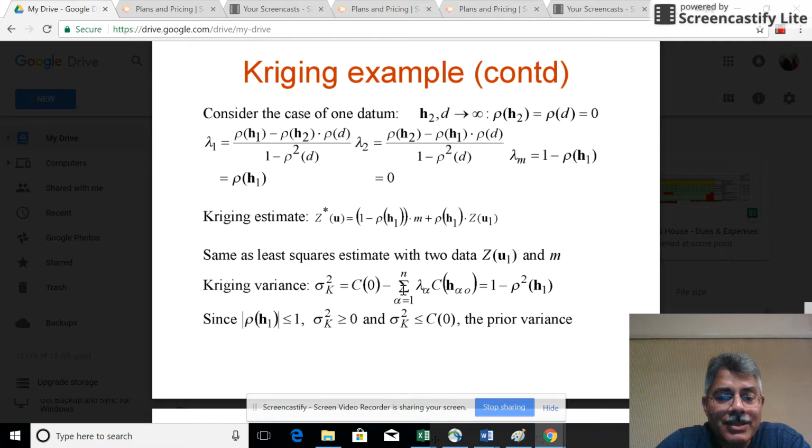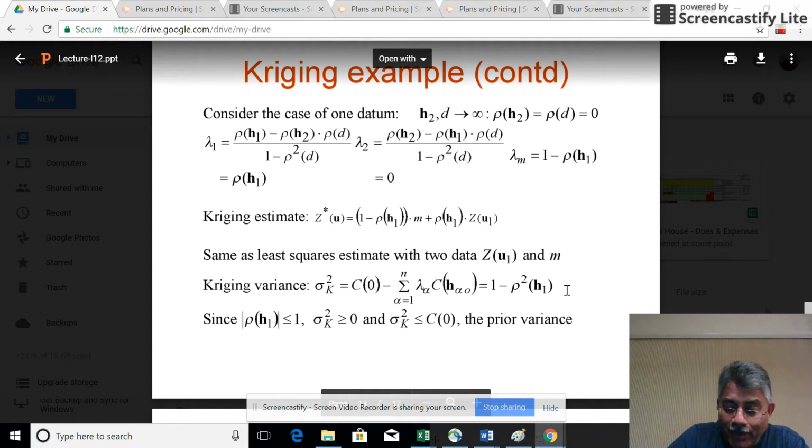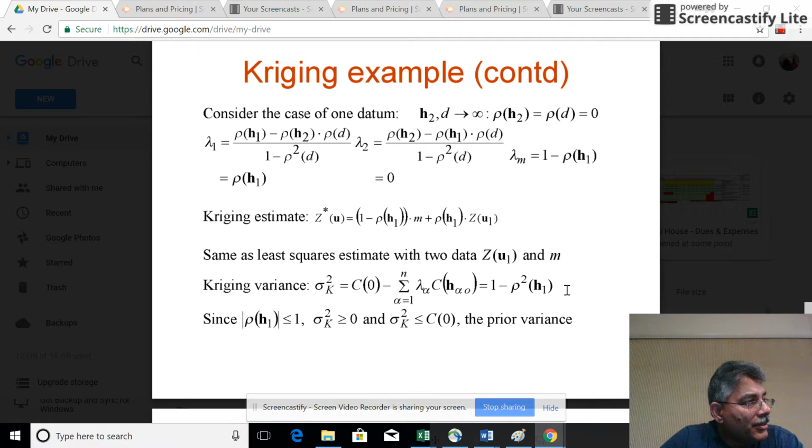So in other words, if you have a data point which is sufficiently close to your estimation node, your estimation variance is guaranteed to go down. Remember, in simple Kriging we said variance can go up if the data are chatting with each other. Well, when you make the data completely redundant, then the estimation variance always has to go down.